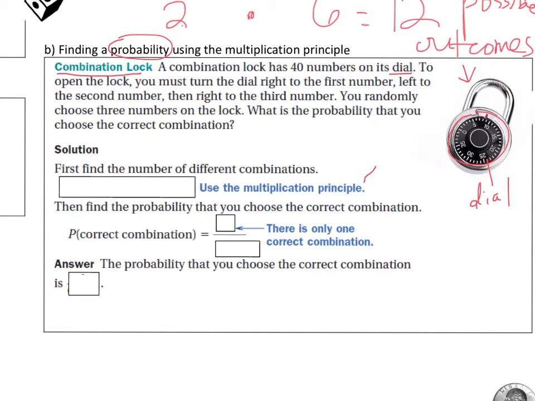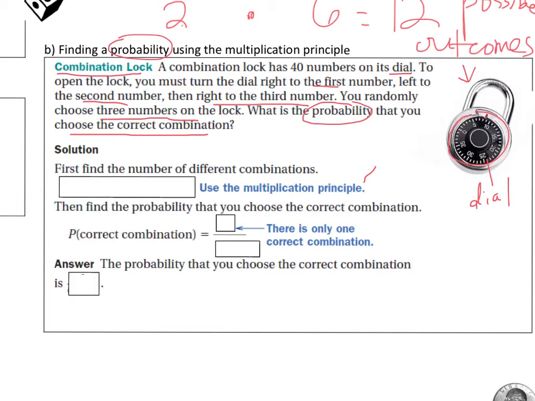To open the lock, you must turn the dial right to the first number, left to the second number, then right to the third number. So basically, you need to have 3 numbers to open the lock. You randomly choose 3 numbers on the lock. What is the probability that you will choose the correct combination?